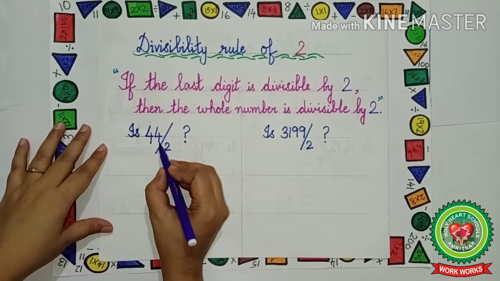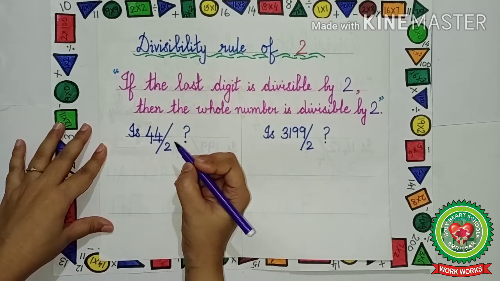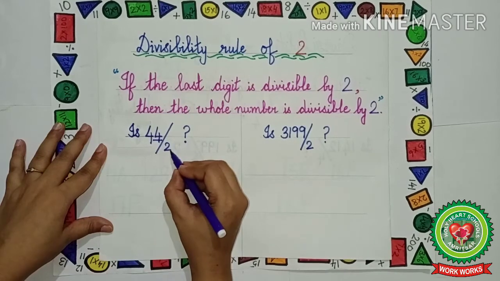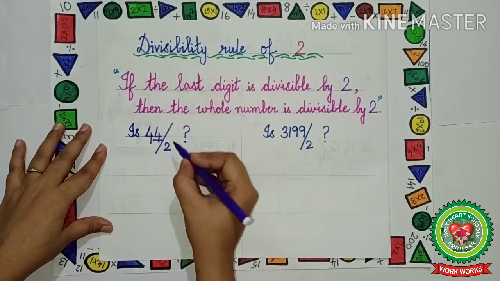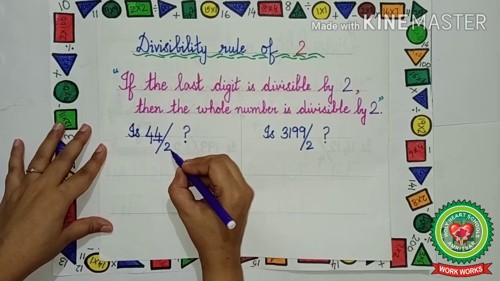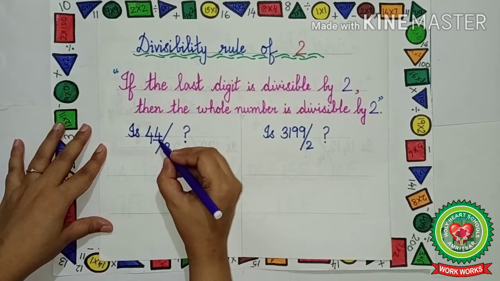So, the very first step is to underline the last digit, that is 4. Now we have to see, is 4 divisible by 2? That means, does 4 come in the table of 2? Yes, we know 2 1s are 2, 2 2s are 4. So 4 comes in the table of 2.